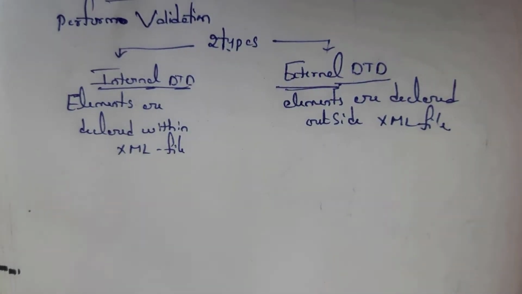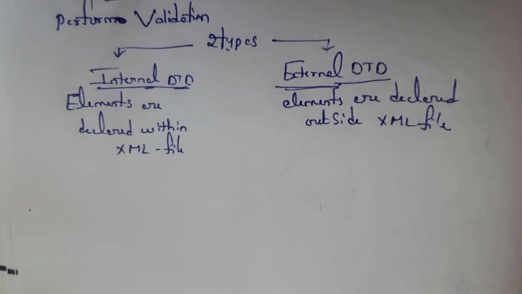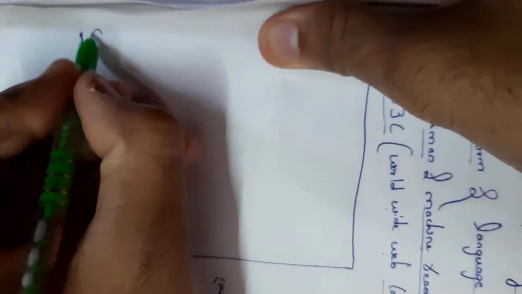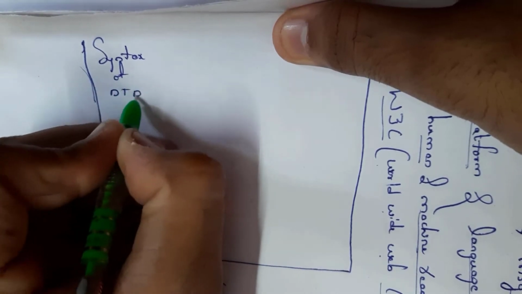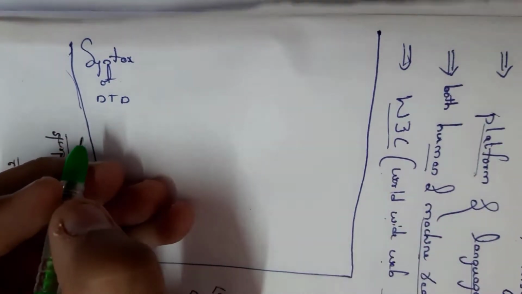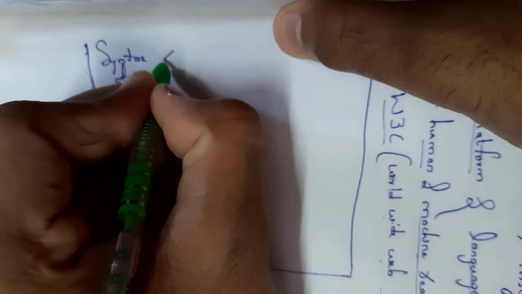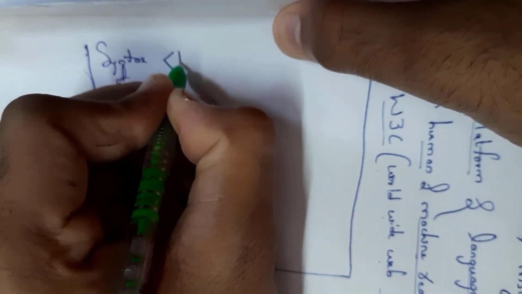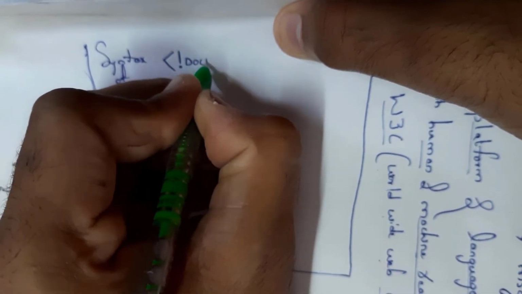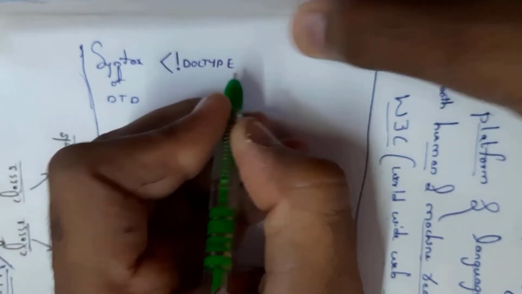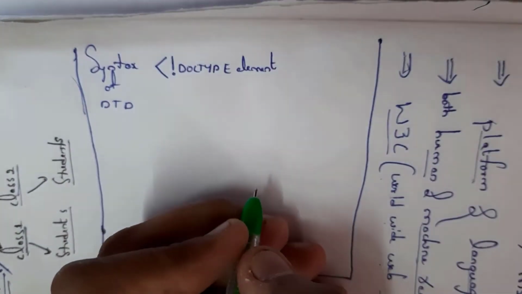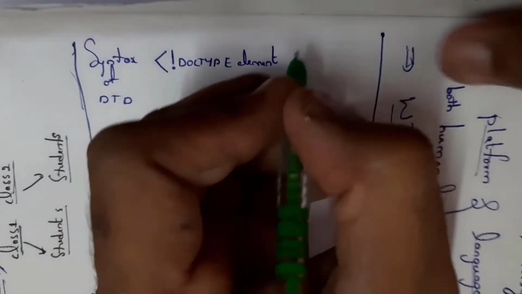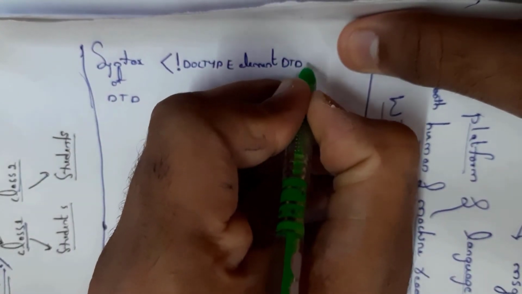Now we see the basic syntax of data type definition, that is DTD. It contains document type, element, DTD identifier.